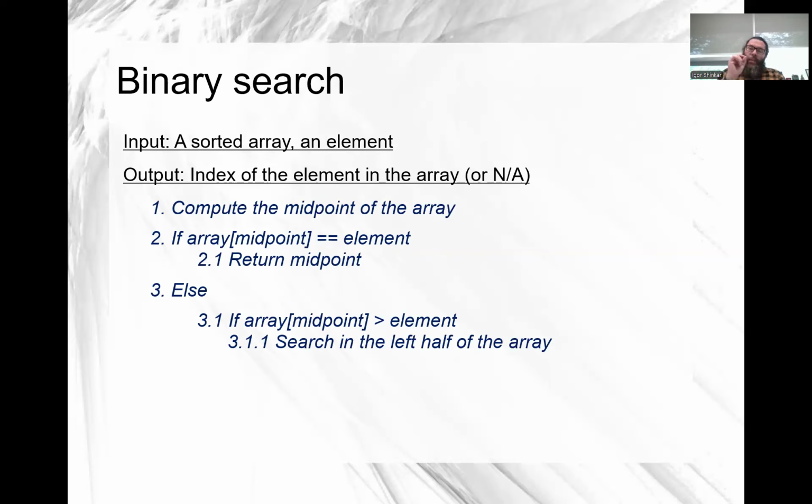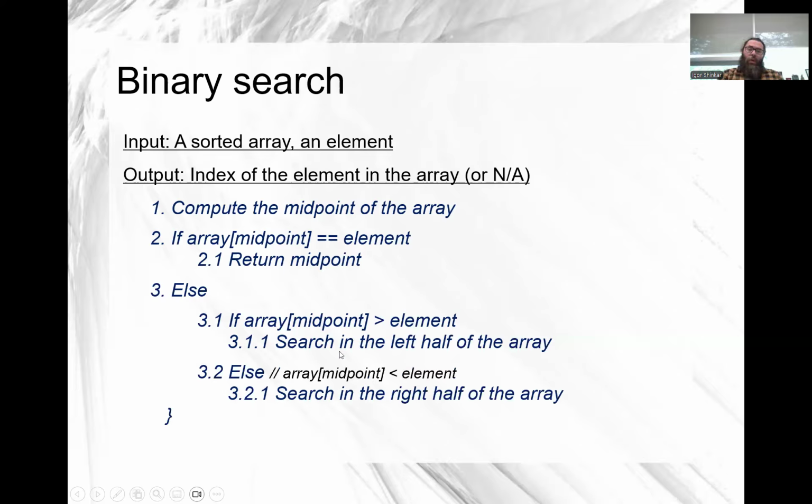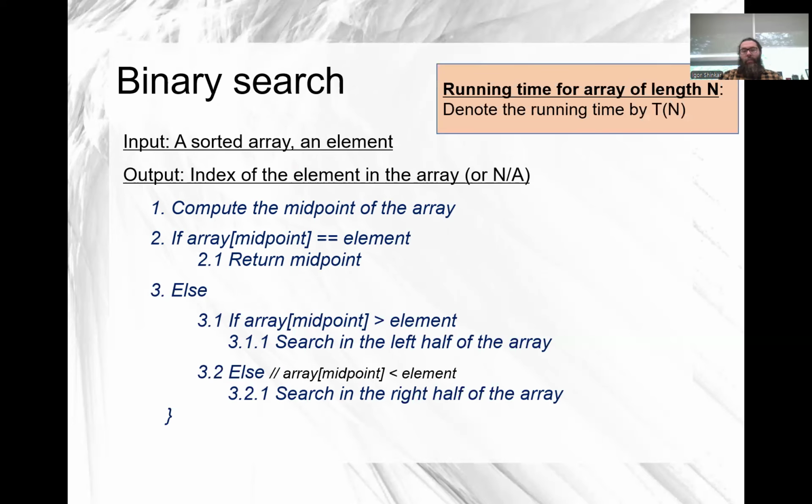It means the actual element, if it's there, cannot be to the right of the midpoint, because the elements are sorted. So we only need to look on the left, in the left half of the array, from start up to midpoint. Otherwise, if the element at the midpoint is smaller, we need to look at the right half of the array.